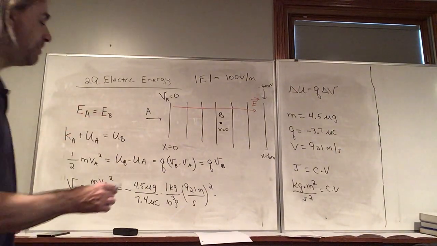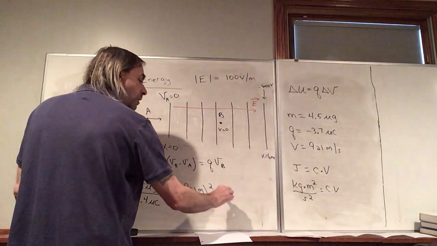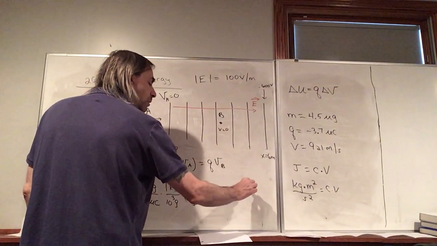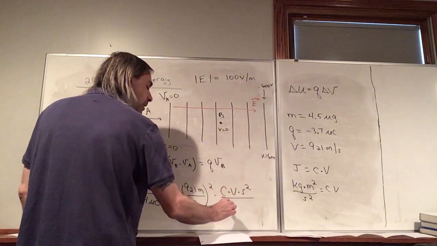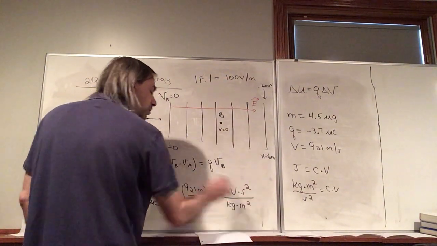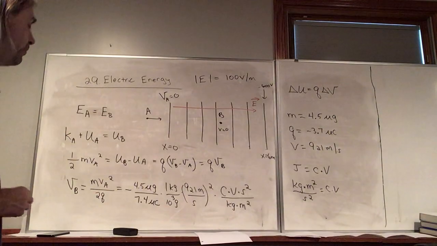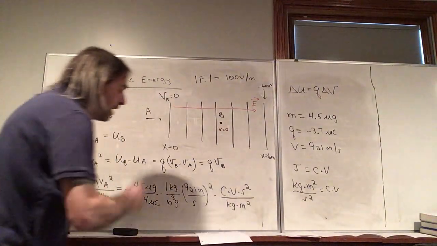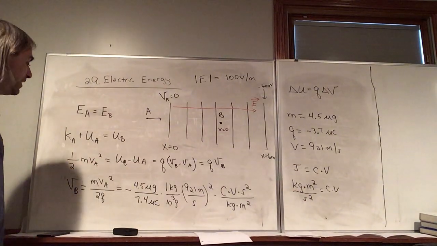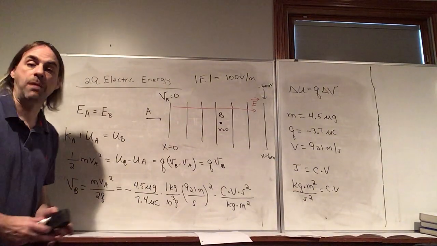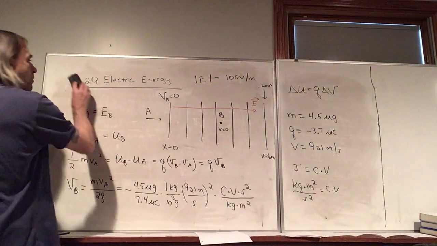So if we multiply by second squared, we can say coulomb times volt times second squared is equal to a kilogram times a meter squared. So we've got this kind of horrible looking thing here. But as long as we go through slowly and carefully, it shouldn't give us too much of a problem, other than running out of space on the board.